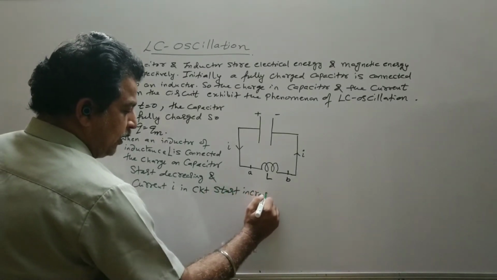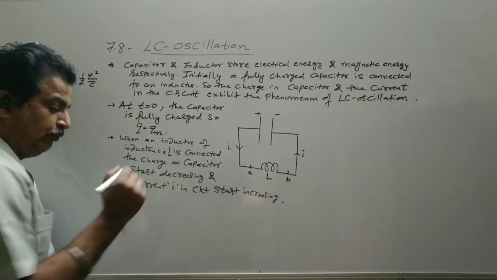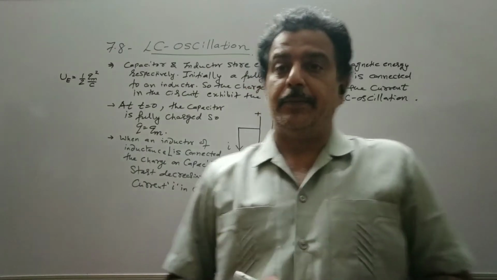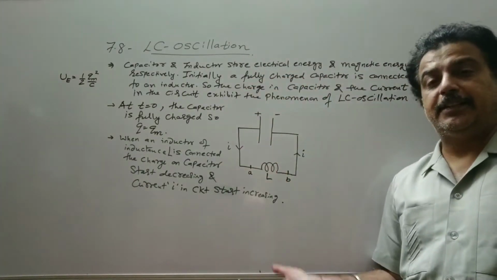We take our current as small i because it is an instantaneous current. The value will keep on changing. So the charge is decreasing, correspondingly the current is increasing.